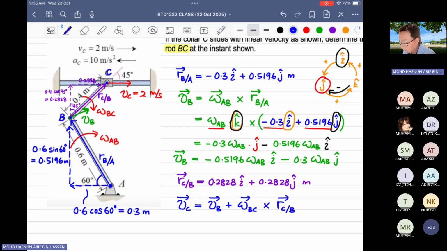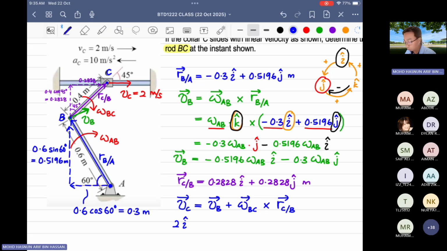Now V C, we do know the value of V C, which is given as 2 meters per second to the right. So we also need to write this in unit vector form. V C will be equal to 2i, because it is 2 meters per second to the right, which is positive.